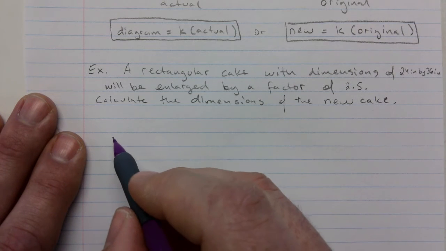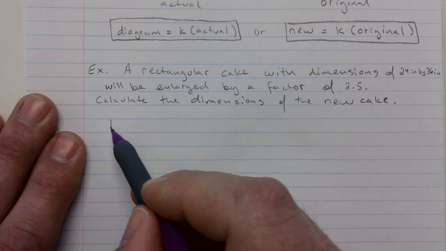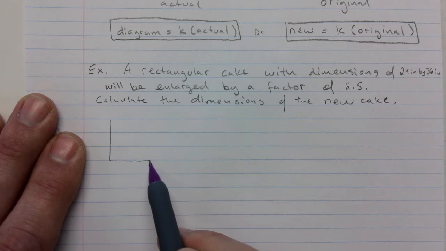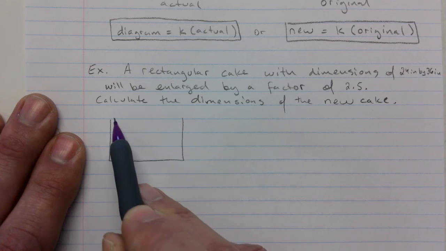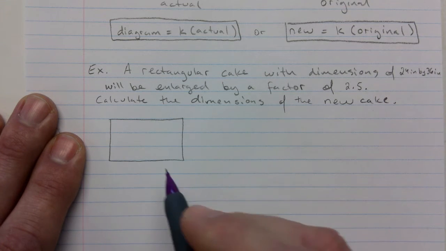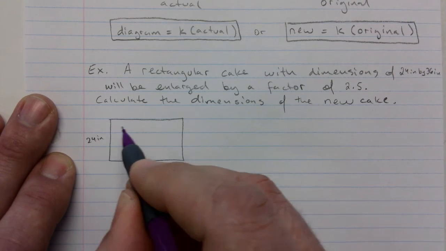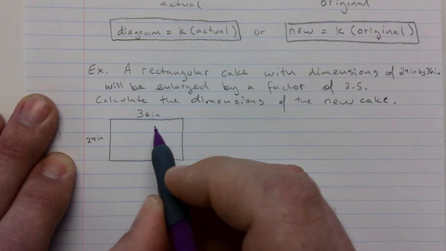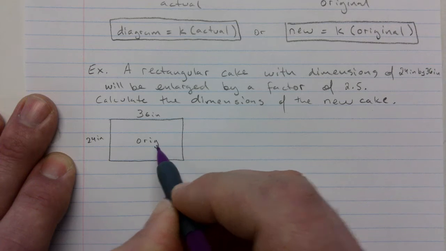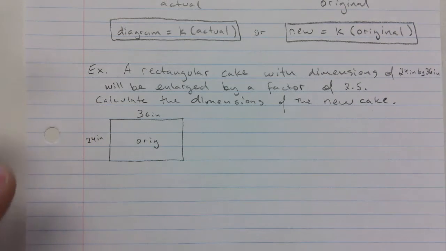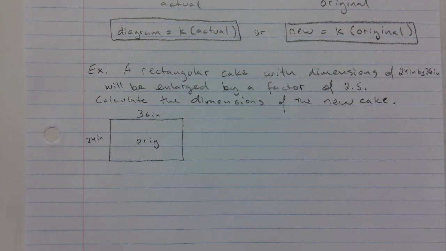Okay, so first of all, you need to know that the dimensions that they are giving you correspond with what we call the original, right? That's what you start off with. And so I'm going to use original and new in this case instead of diagram and actual, because you're making a copy of that cake. So it's cake and cake, right?